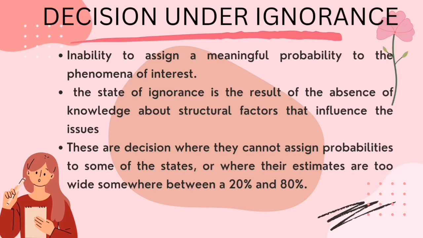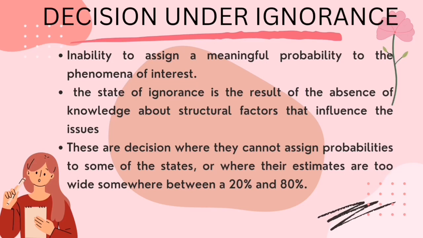In other words, when one cannot assign a subjective probability to the potential outcomes of any action, one makes decisions in ignorance. There are no probabilities accessible to the agent for decisions made in the absence of information.